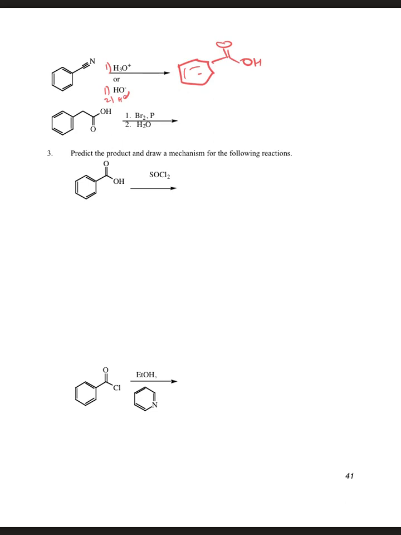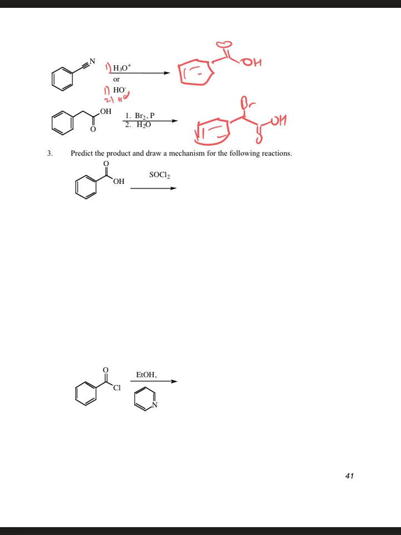We're going to get the carboxylic acid out of it, and then the bromine, phosphorus, and water gives us an alpha bromo acid out of the process.